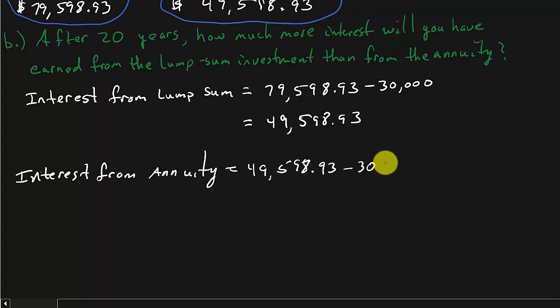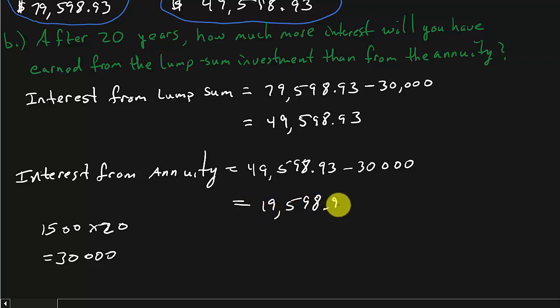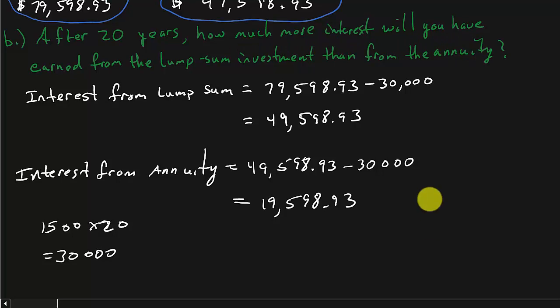Minus the 30,000. I hope everybody understands where I'm getting the 30,000 from. It's coming from the 1,500 times the 20 payments, which equals the $30,000 that we put in. So this is going to be 19,598.93.